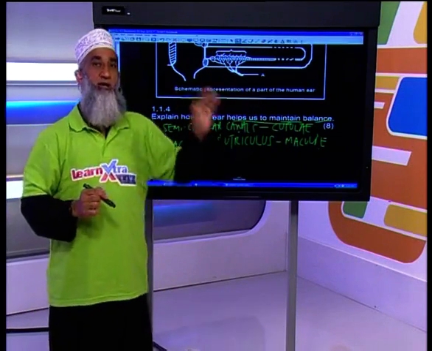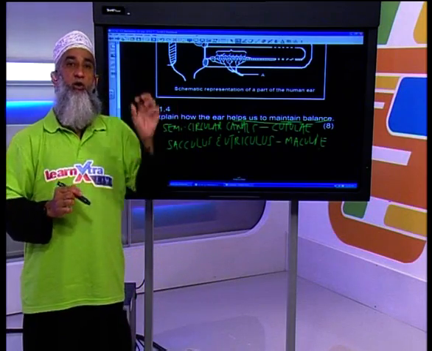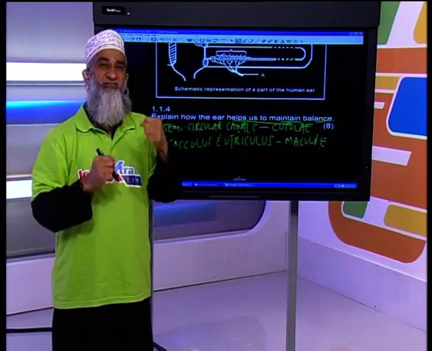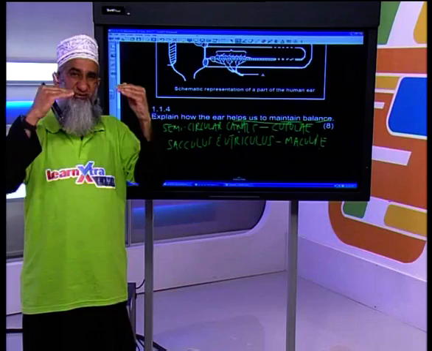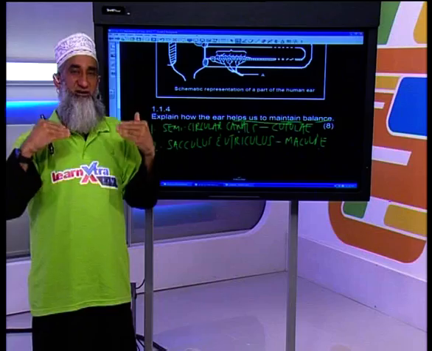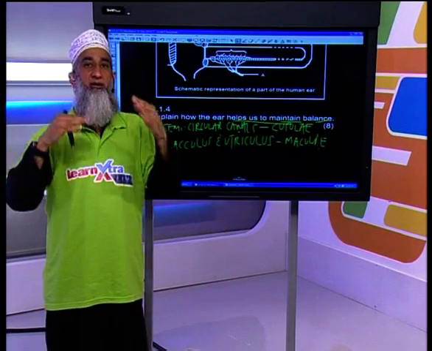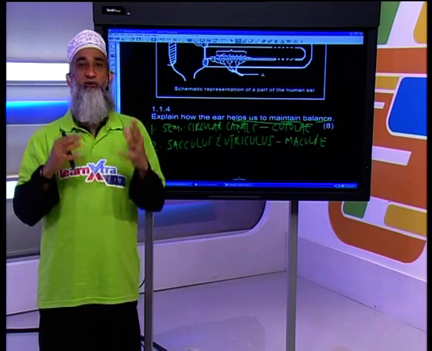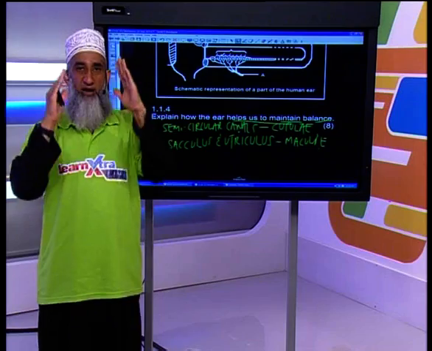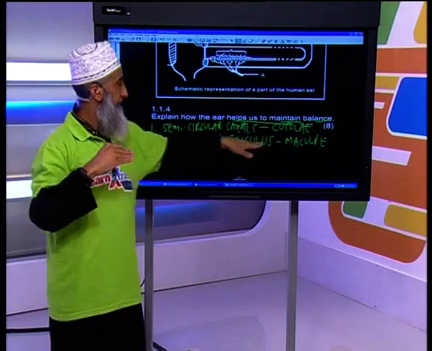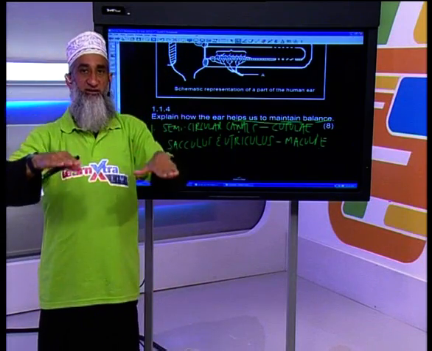Sacculus and utriculus, maculae. The maculae also have jelly and hair, but in addition to this, they have calcium carbonate crystals, which are sensitive to gravity. And because they are sensitive to gravity, they will settle differently when they are exposed to different stimuli. For example, if I'm standing upright, my head is straight forward. So all my maculae are settling down evenly.